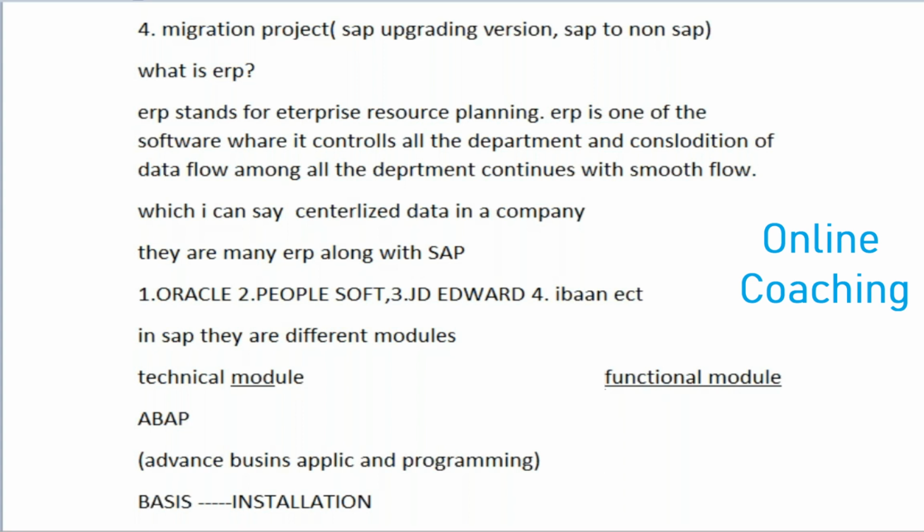We have functional FI, which means accounts. Next, CO. CO means controlling.